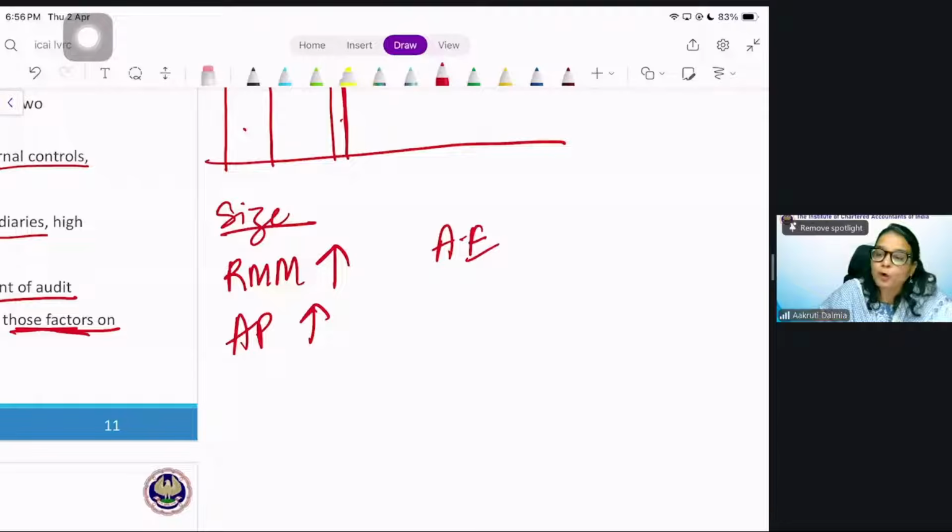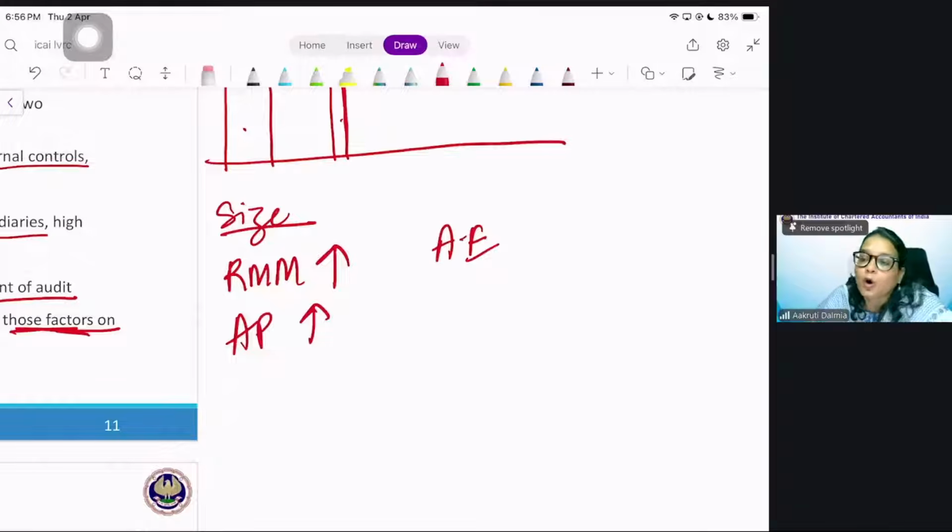Bad. If audit evidence quality is bad, do I need to obtain more quantity of audit evidence to get sufficient appropriate audit evidence? Yes.